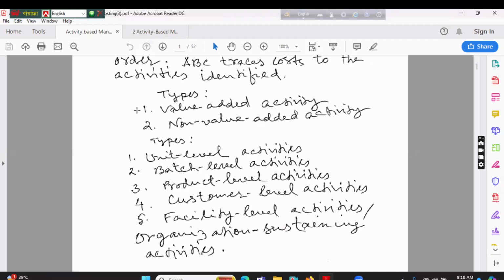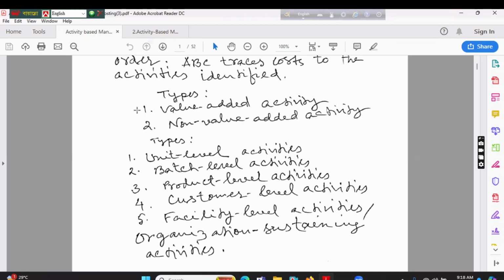Now, value-added activities. Those activities necessary to remain in business are called value-added activities. Some activities, required activities, are necessary to comply with legal mandates.